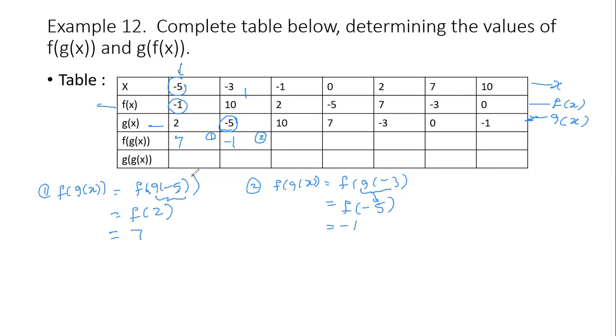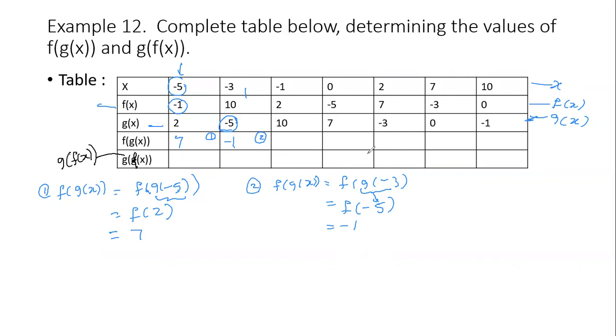Okay, let's find a random one for g of f of x. This should be g of f of x. Let me change that. This should be f. Write it up outside. This should be g of f of x. Right? So let's find a random cell.